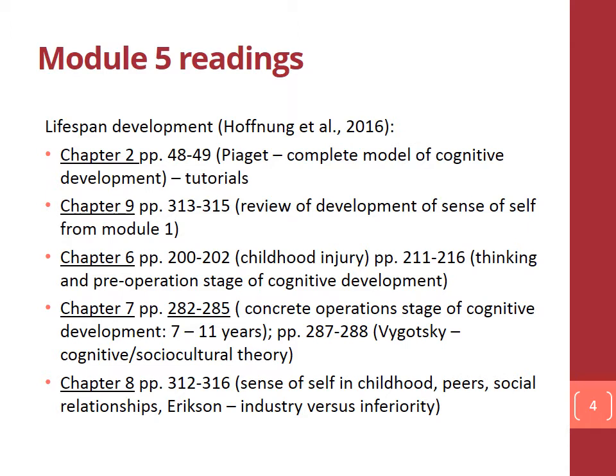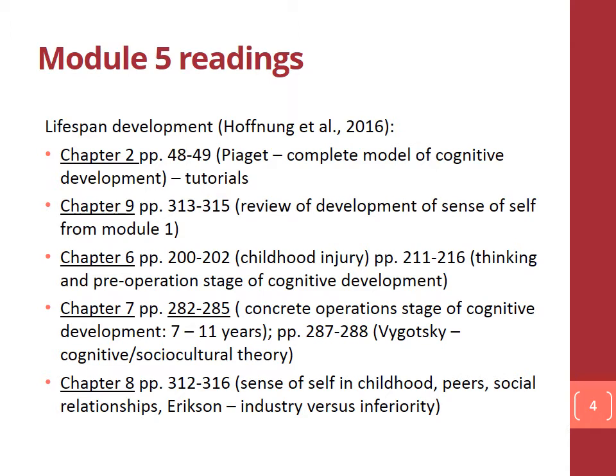Chapter 6 in this week's reading focuses on some unpredictable events of childhood, specifically childhood injury, and gives further information about the pre-operational stage of cognitive development, which is children between 2 and 7 years.